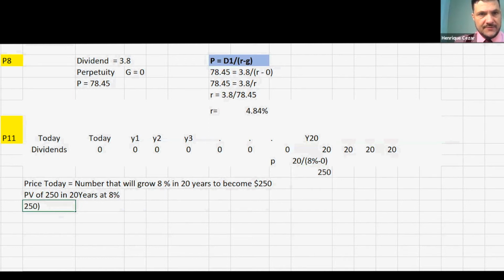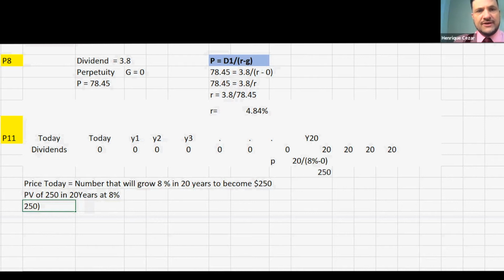I'm going to click on the bar here. And they're highlighted for you: equals minus PV, present value, of 8% for 20 years, no payments, because there are no payments happening. It's a simple present value computation.